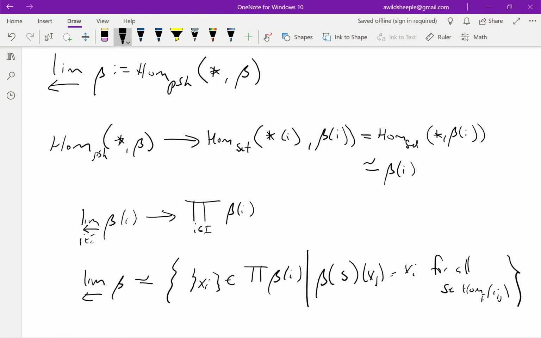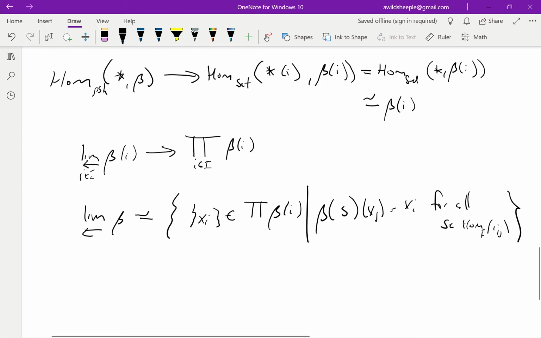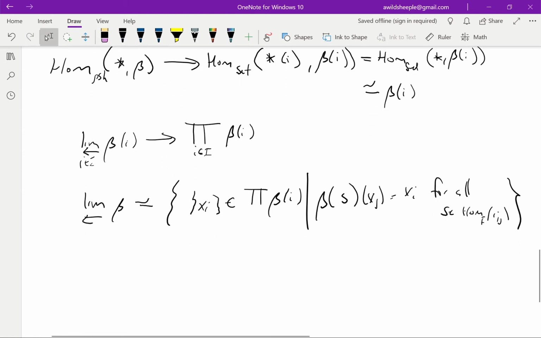And this looks like our familiar limit. And there's no problem with this definition either because our set theory assumptions ensure that everything here is a set, and we're prescribing this according to some equations, so some set theory business should tell us that this is fine.